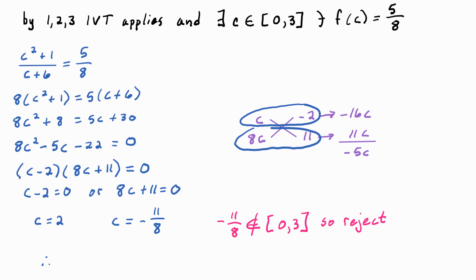So therefore, our solution is C equals 2. And so by applying the intermediate value theorem and solving f of C equals 5/8, we found out that on our interval from 0 to 3, this will be true when C is equal to 2.